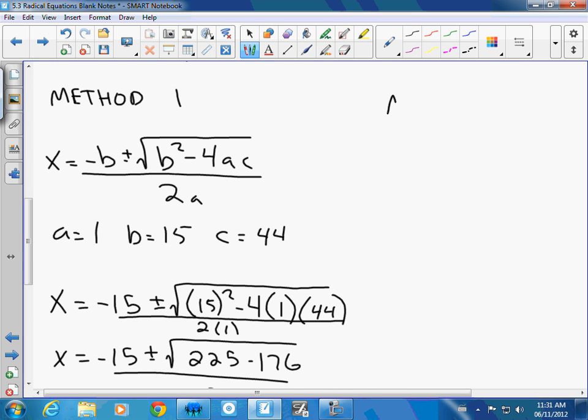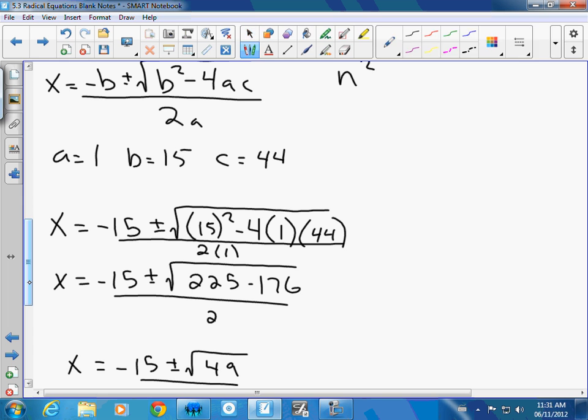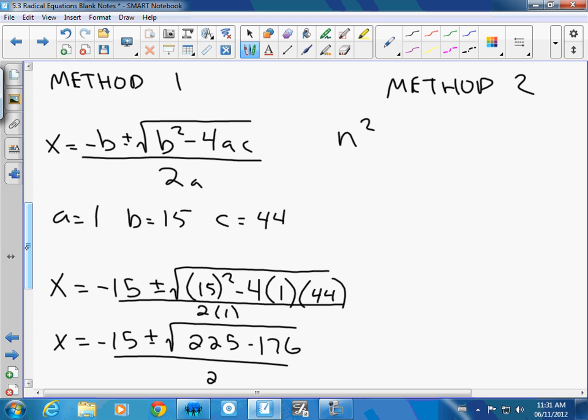There's always easier ways, I think. What's the original? N squared plus 15n plus 44 equals 0. Could you, if you wanted to, try to factor this into two binomials right off the hop?